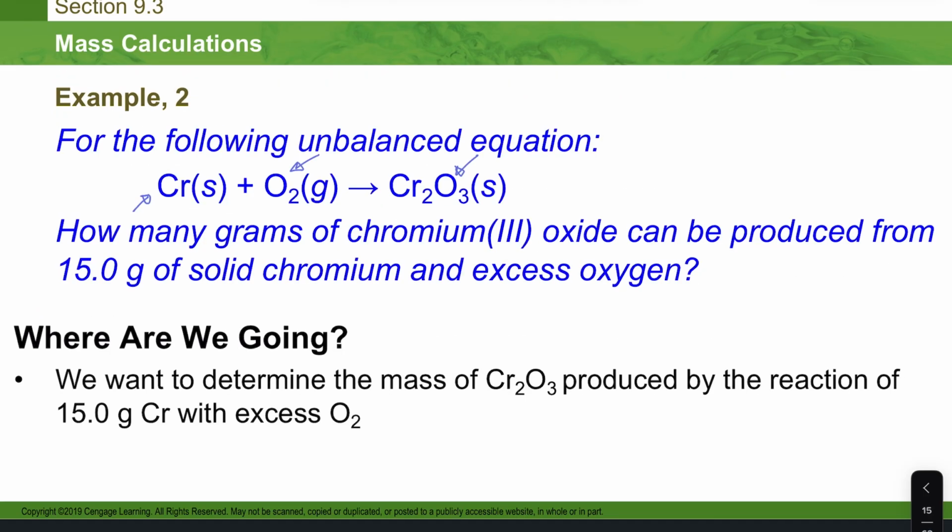And we need to know also where we're going. So we need to look at the amount of mass that's going to be produced. That's what the question is asking for, because it's asking for grams of chromium(III) oxide. And we know that we have 15 grams of solid chromium and enough oxygen for the reaction to continue.